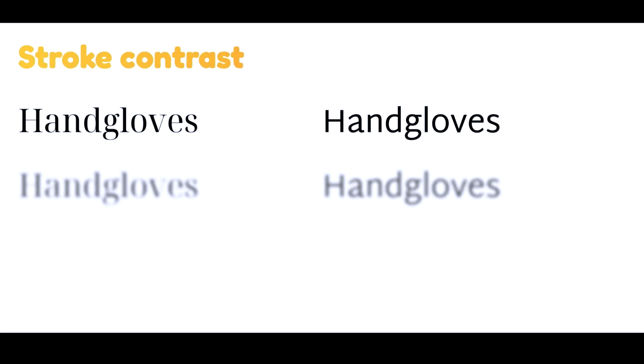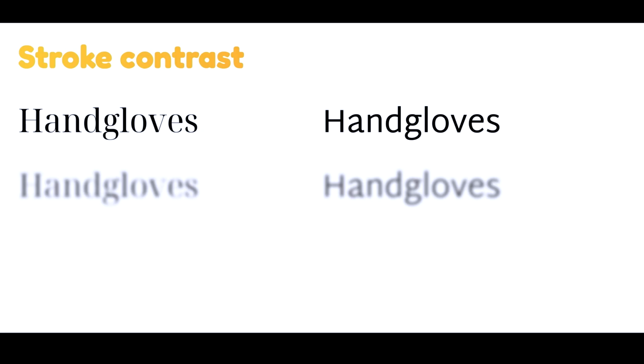Another important factor that affects legibility is stroke contrast. That is the difference between thick and thin strokes. So the font on the left has high stroke contrast. You can see the horizontal strokes are thinner than the vertical strokes, whereas the one on the right has low stroke contrast.